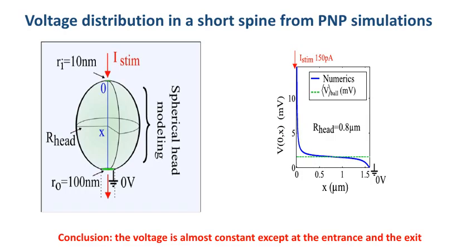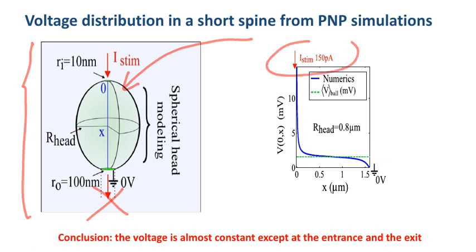So the first example is going to be the case of a dendritic spine with no neck. It's like having a very short spine, and we have already discussed the different numbers for the geometry. What we found is that when we inject a current of about 150 picoampere, something quite interesting appears.